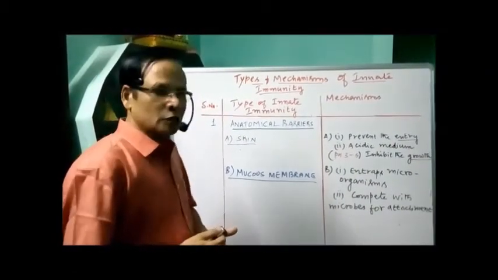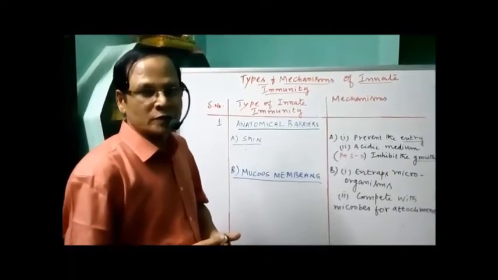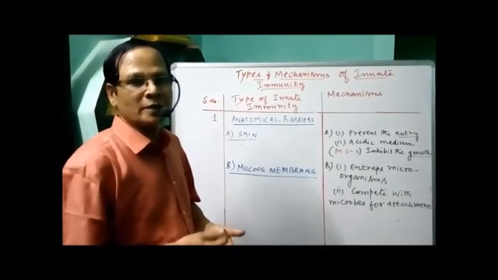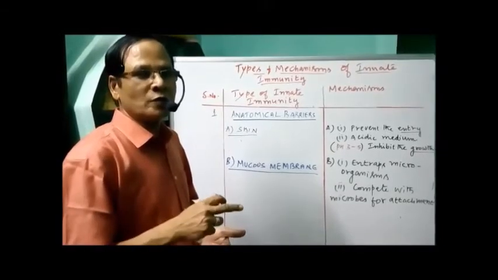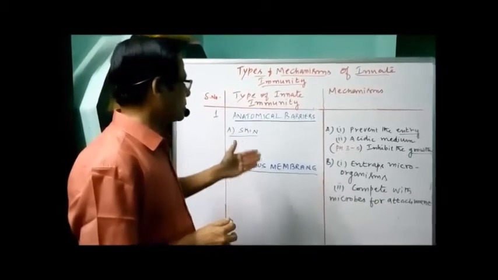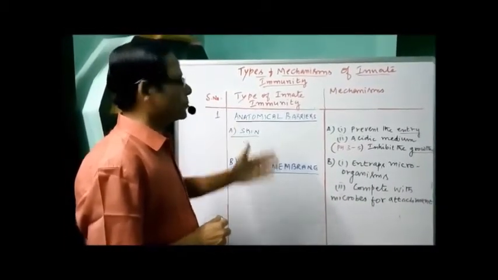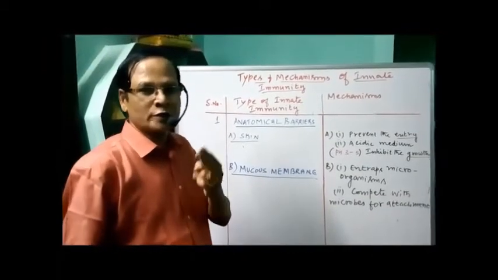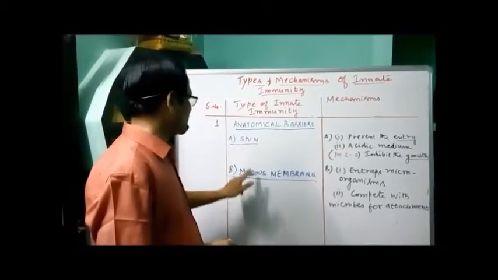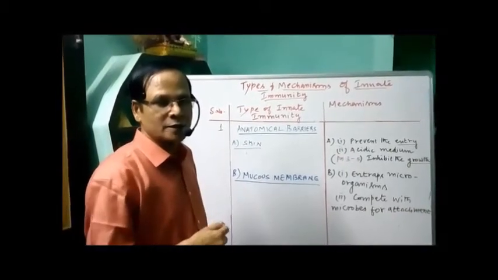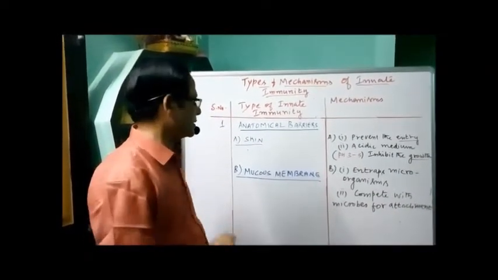They are called anatomical barriers, physiological barriers, phagocytic barriers, and also inflammatory barriers. I'll take one by one. Now anatomical barriers, of which we have two examples. One is skin, another is the mucous membrane lining the digestive tract, respiratory tract, etc.